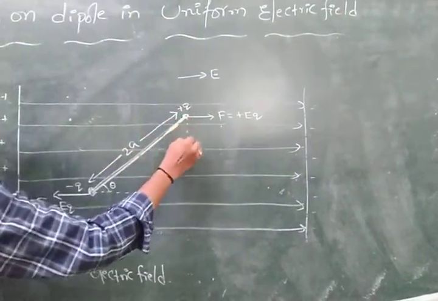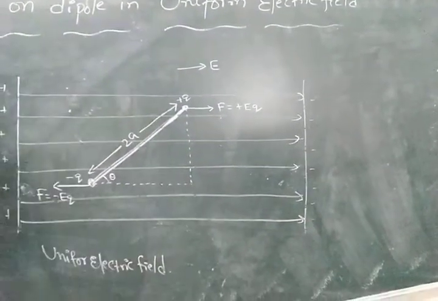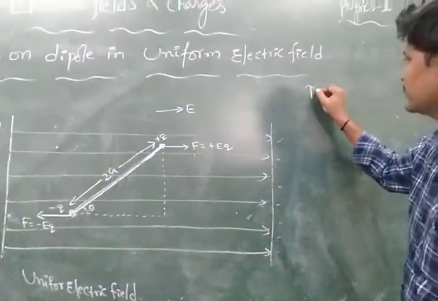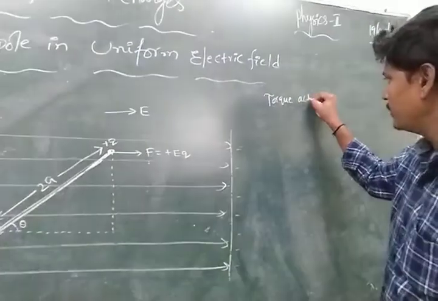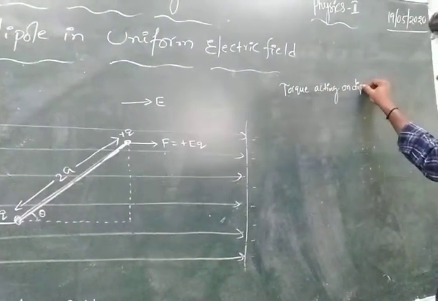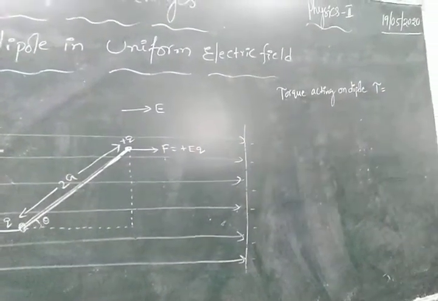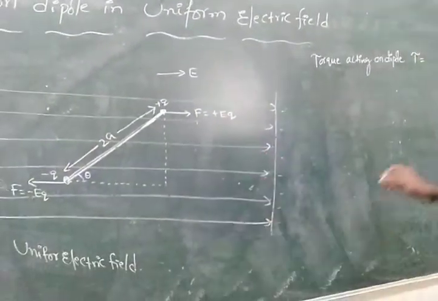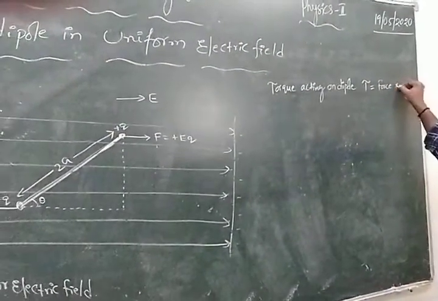So we can find the torque acting on the dipole: tau is equal to the product of force and perpendicular distance.